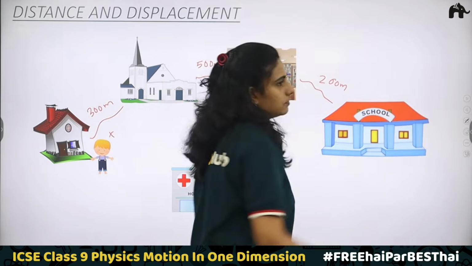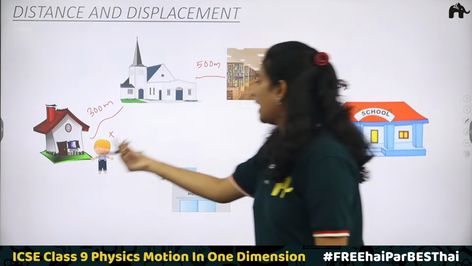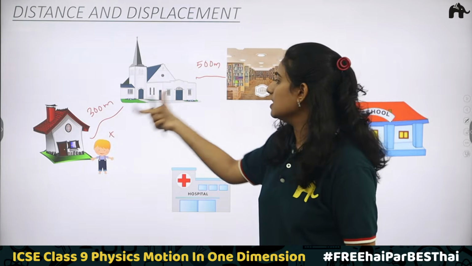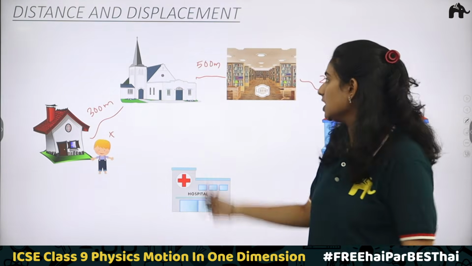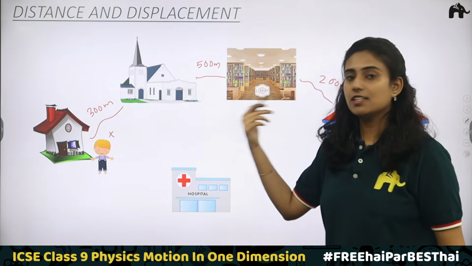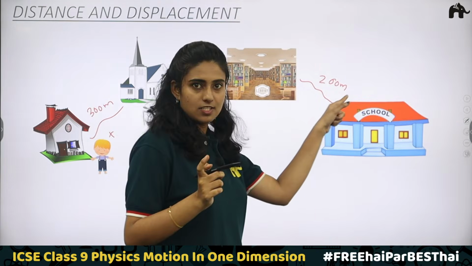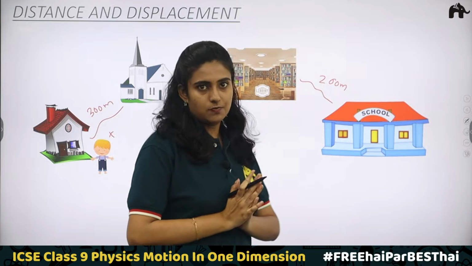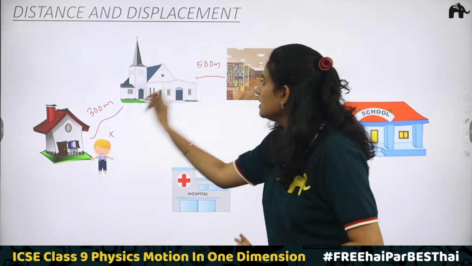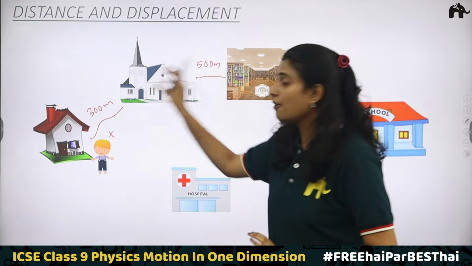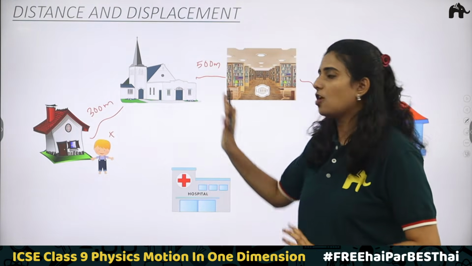200 meter. Okay, so X, he starts from his home, first reaches the church traveling a distance of 300 meter, then reaches a library traveling a distance of 500 meter, and then reaches a school traveling a distance of 200 meters. Okay, this total distance he travels, that is, when you take the length of path followed by him is called the distance.